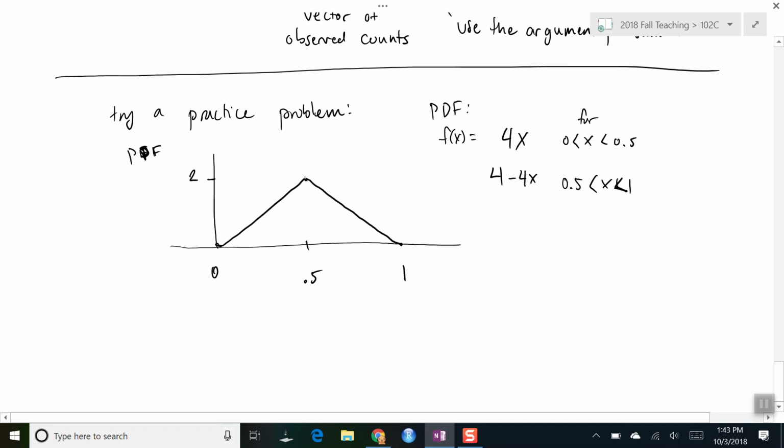Okay, so we have 4x over there, and then for 0.5 less than x less than 1, what is it going to be? It's going to be negative 4x plus 4, right?